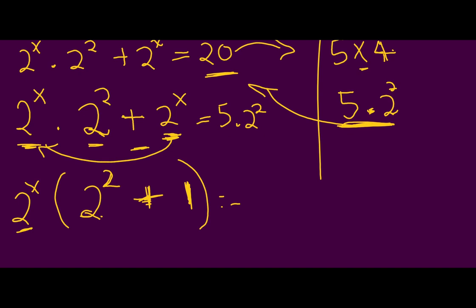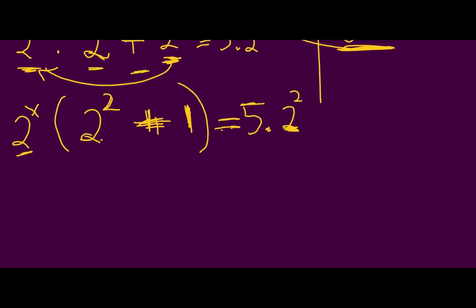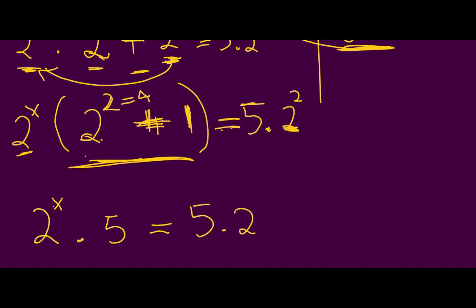Then equals 5 times 2 to exponent 2. Then from here, I'm going to add these values. So 2 to exponent 2, we know this is 4, plus 1, it's 5. So this is 2x times 5 equals 5 times 2 to exponent 2, right?